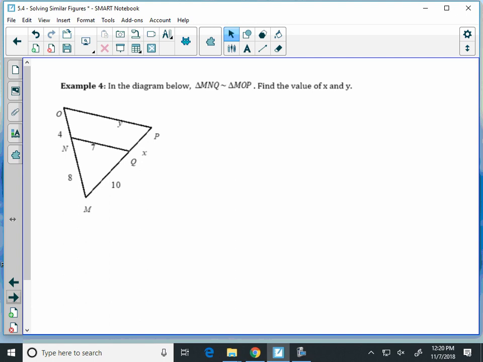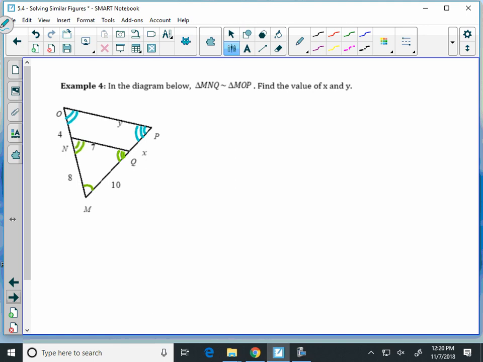We take a look at example 4. It says in the diagram below, triangle MNQ, so I'm going to mark my angles, MNQ, is similar to triangle M, this guy right here, again, O, and we want to find the value of x and y, so finding two variables.